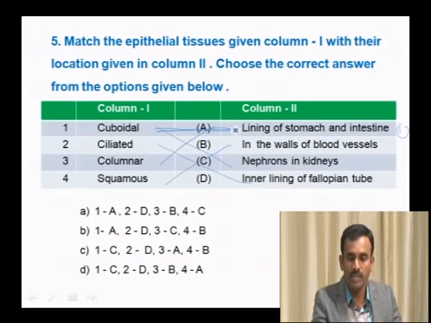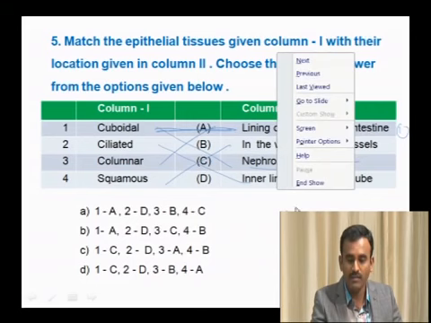So 1 matches with cuboidal epithelial cells, nephrons of kidney. 2 matches with inner lining of fallopian tube, ciliated epithelial cells.